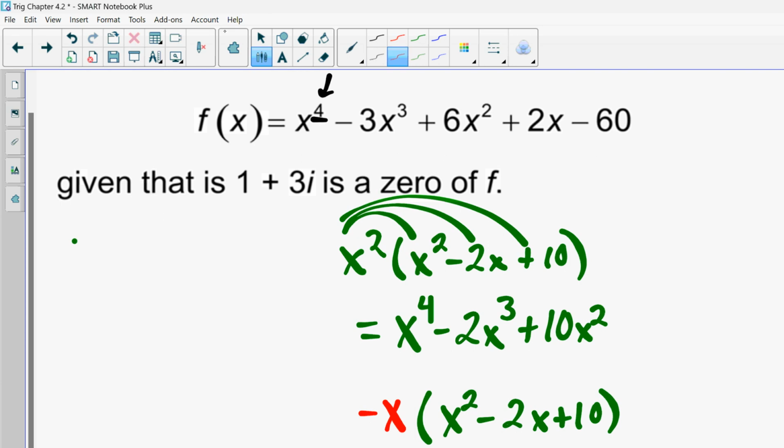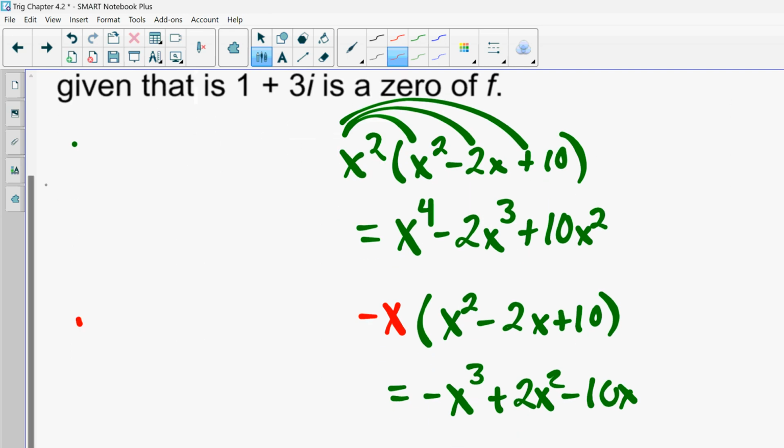And lastly, what times x squared gives us negative 6x squared? Negative 6 times our x squared would indeed give us negative 6x squared. And one last time, if we do the multiplications, we do get negative 6x squared plus 12x minus 60.